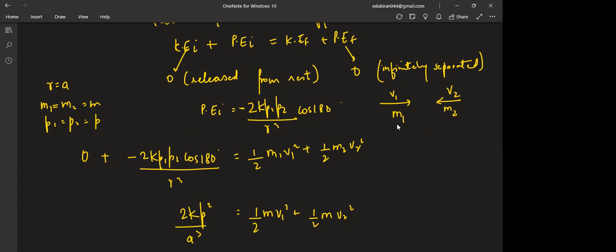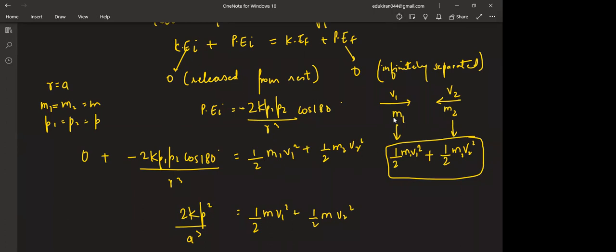Now, if I ask you what is the kinetic energy of this, what will you say? Half m1 v1 square. And kinetic energy here, half m2 v2 square. So what is the total final kinetic energy? This, right? So this is exactly what has been written.